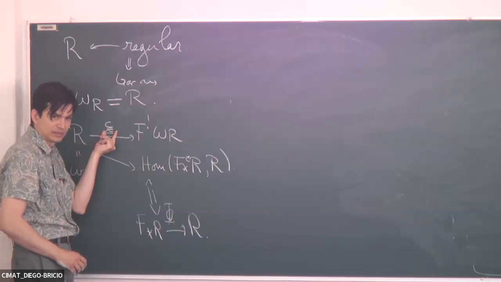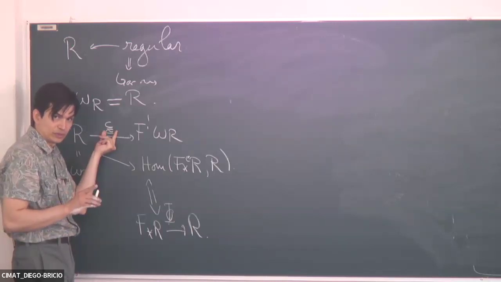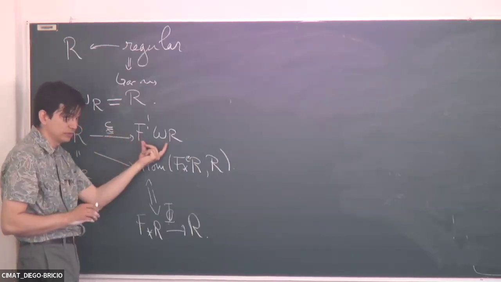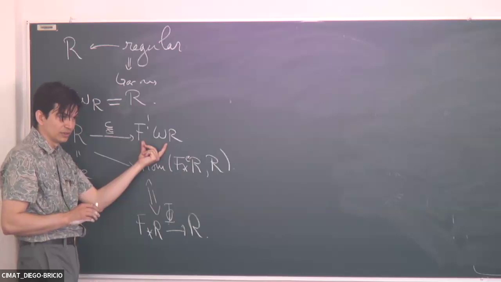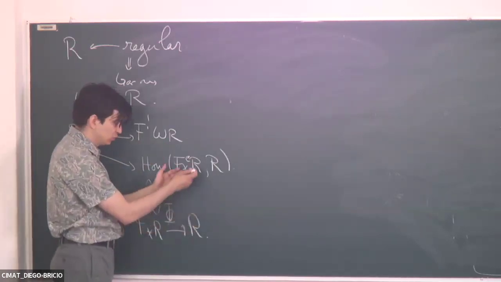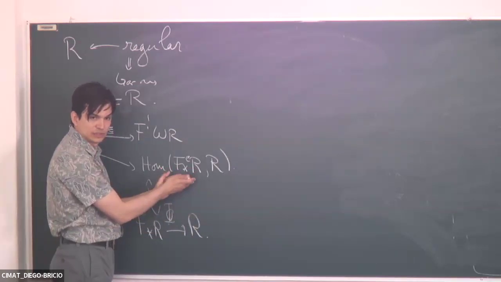You guys remember that? Because that isomorphism is going to manifest into a generator of this. Okay?